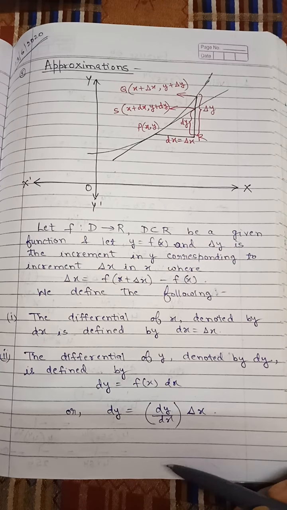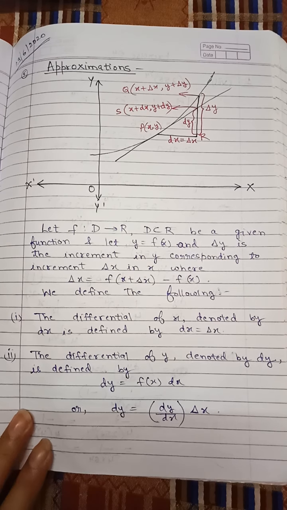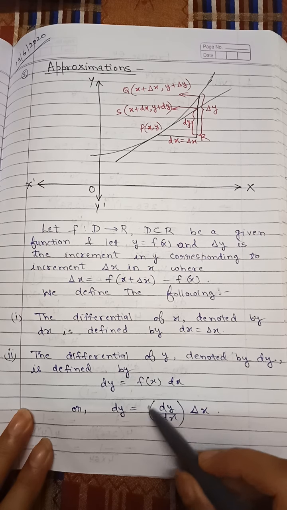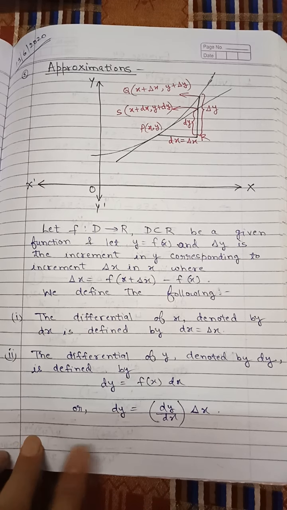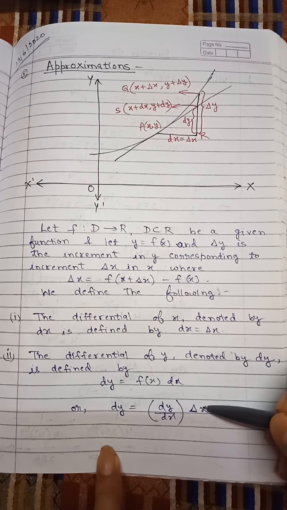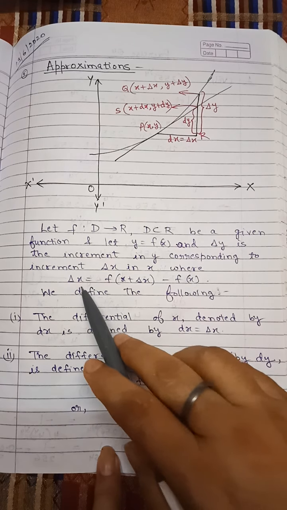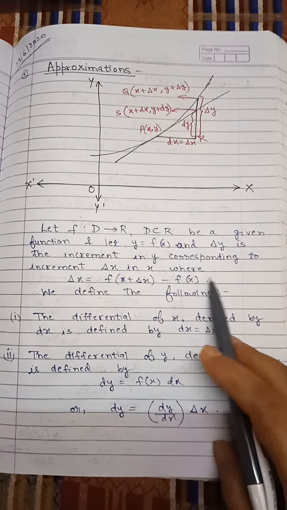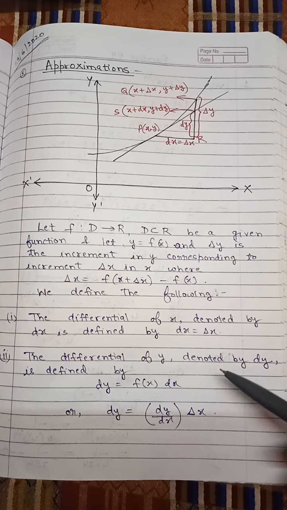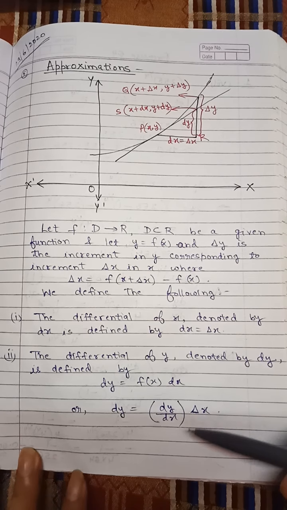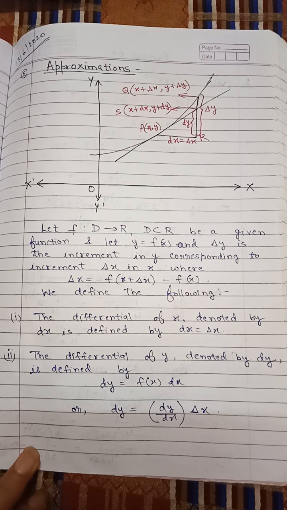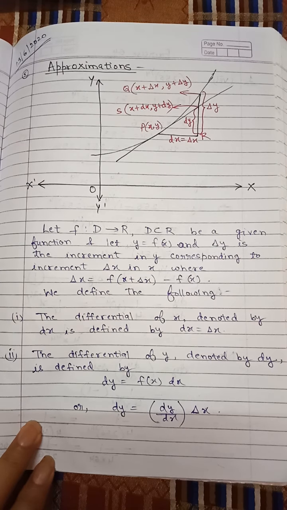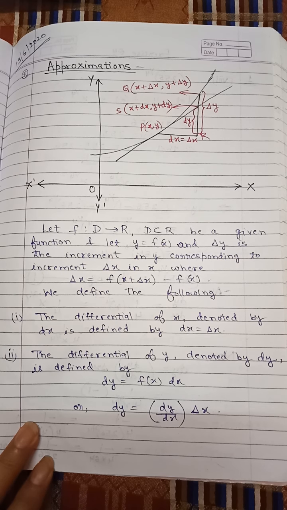So whenever we are asked to find the approximate value of any given function, we will also find this dy by dx, means the derivative of that function, and this delta x, which we get by using this: delta y is equal to f of x plus delta x minus f(x). Maybe you are unable to understand at this point of time, but as soon as we do the question, you will easily understand where we get delta x from and how we are going to find dy.